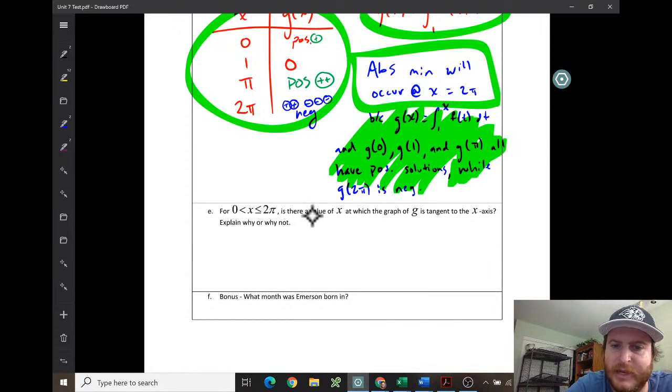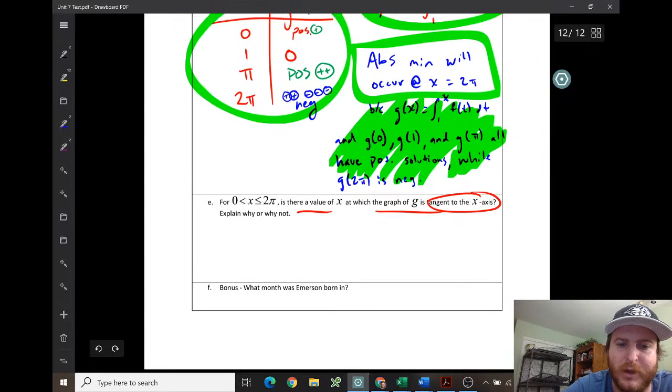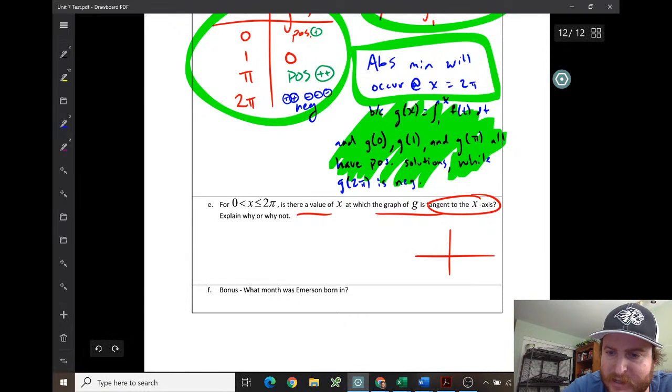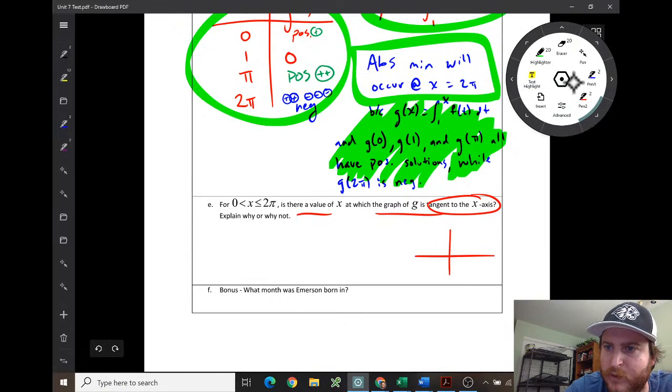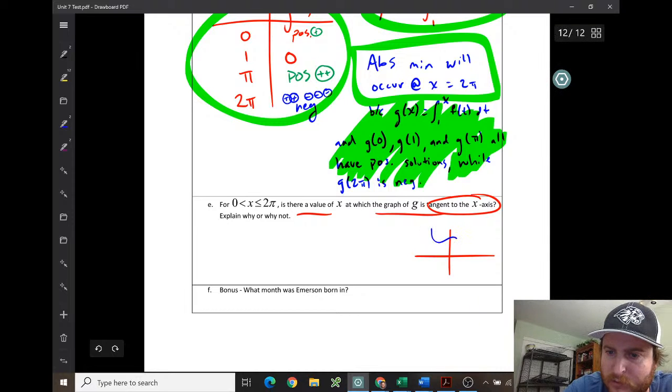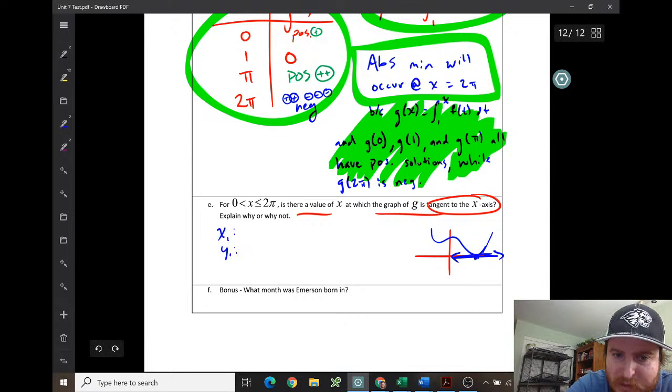But basically they're asking, is there a value of x at which the graph is tangent to the x-axis? I want us to think about what that would mean. Tangent to the x-axis would mean that the graph touched the x-axis and had a slope of 0. So our y1 would end up being 0 and our m would end up being 0. Now, y1 matches up with g of x, and m matches up with g prime of x.